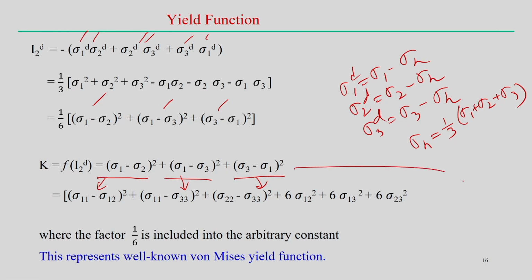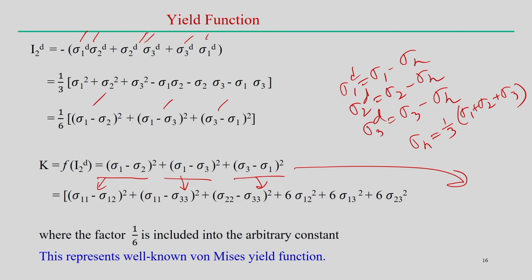But remember, once we reach this particular expression, we have to remember the assumptions we consider. First, this is true if we consider isotropic material property, and we are assuming there is no Bauschinger effect. That means the yielding in tension and compression is the same value.